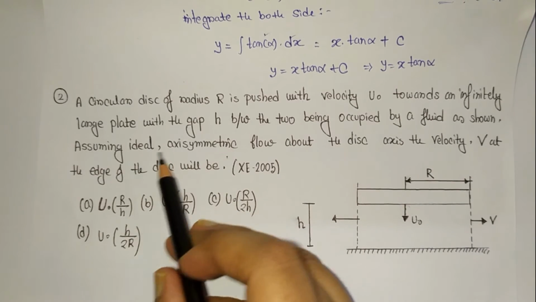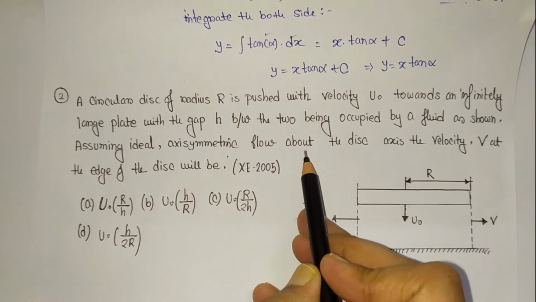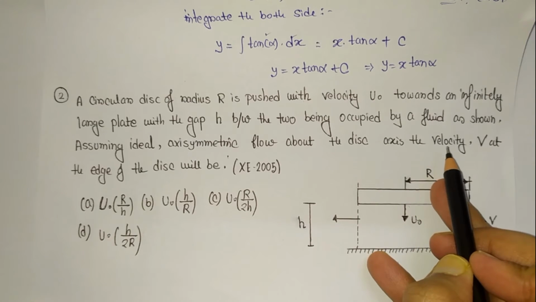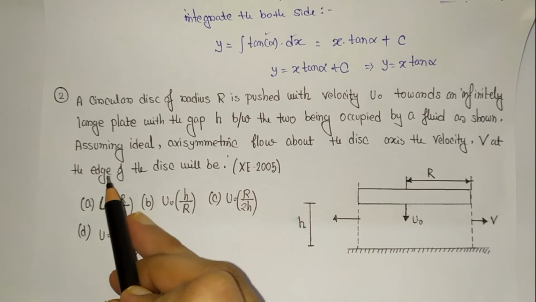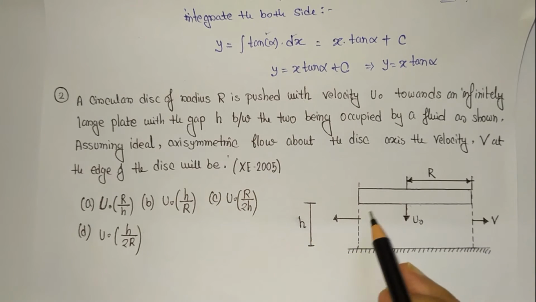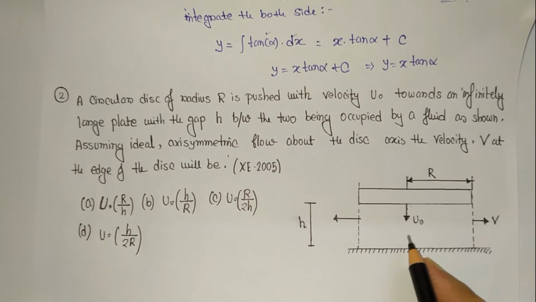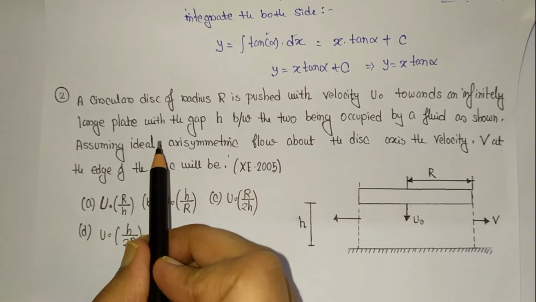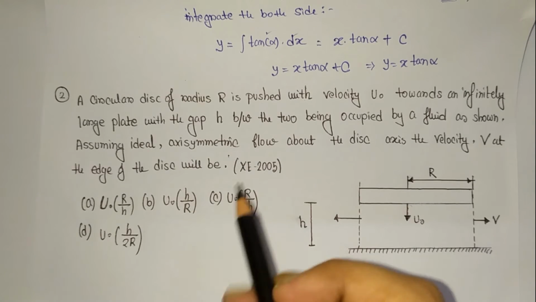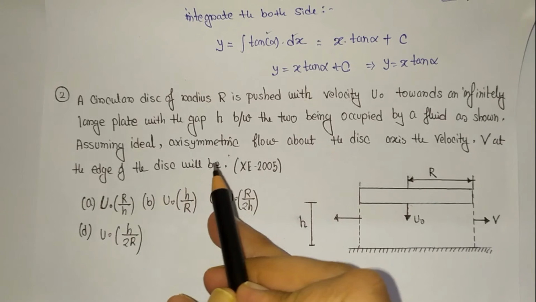Assuming ideal axisymmetric flow about the disk axis, the velocity v at the edge of the disk will be... Remember the fluid is ideal and axisymmetric. Now we have to find the velocity at the edge of the disk.